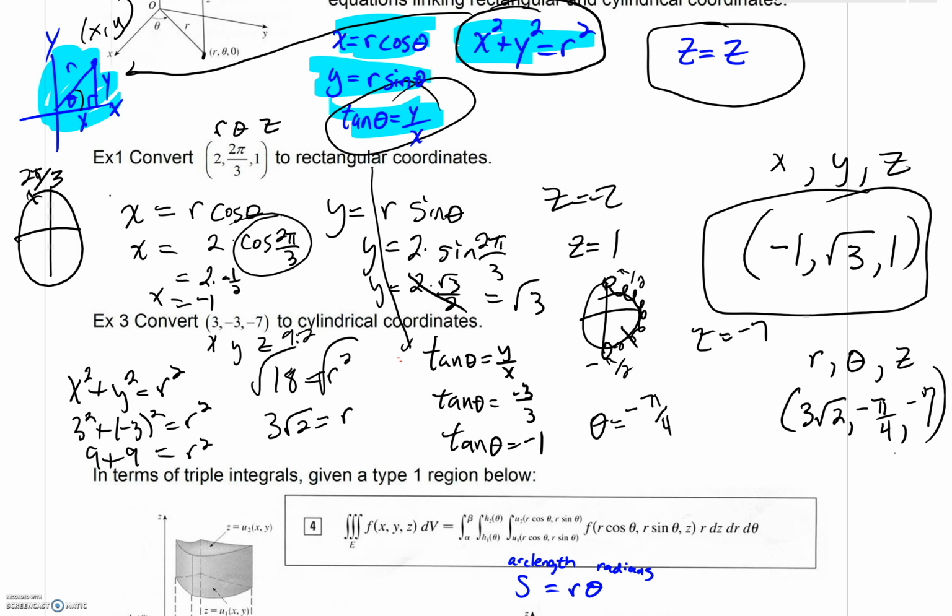Of course, you probably also remember from polars that you could also work with a negative angle, projecting it, or I should say with a negative r value, pardon me. If r is negative, we will work from the opposite quadrant.